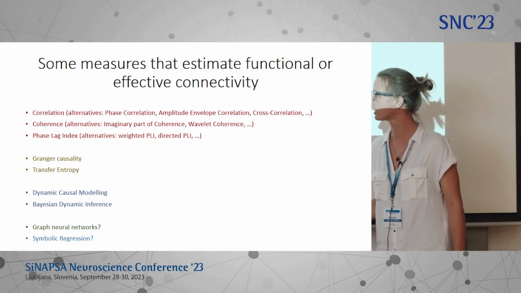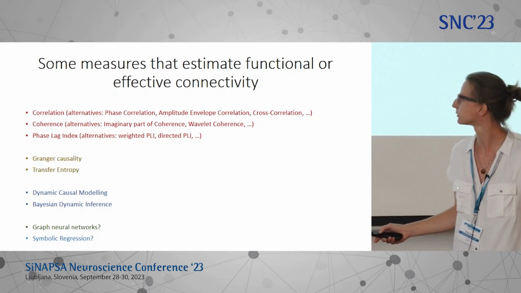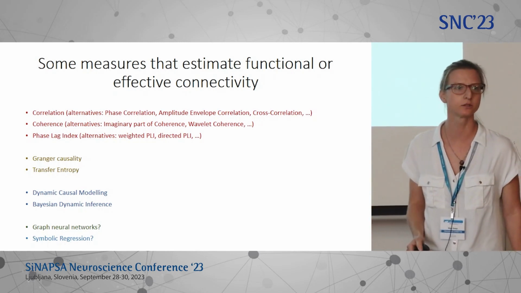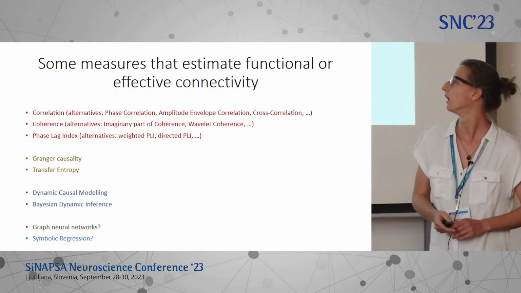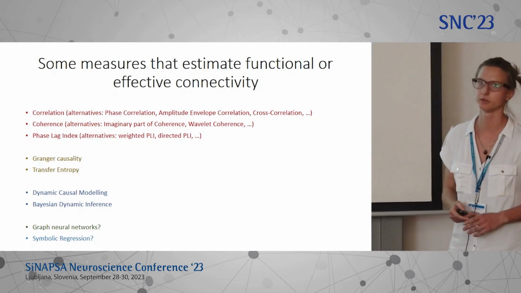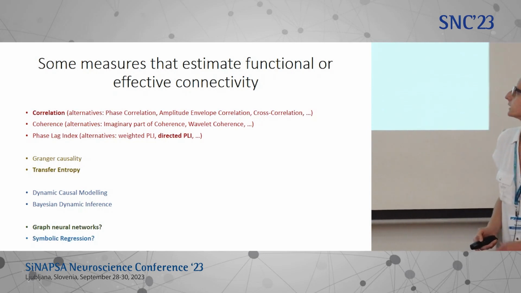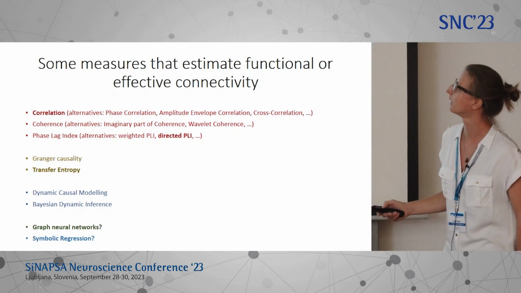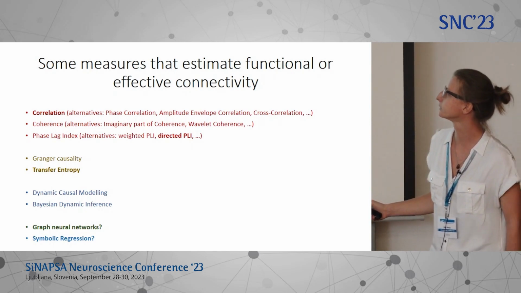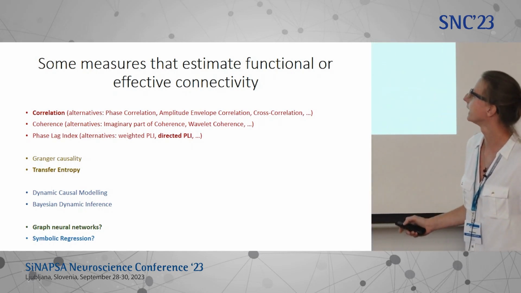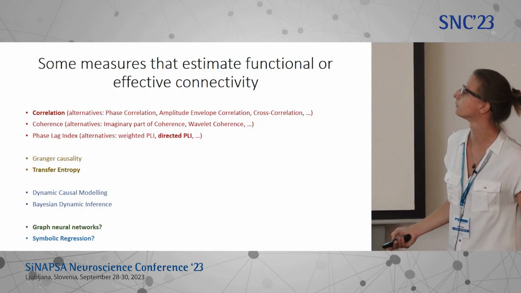And then I put here graph neural networks, because this is what we are trying, and there's also symbolic regression that we could use. This is another machine learning approach, which we also work with in the lab, but I will not talk about this today. If somebody is interested, they can ask me later. So to compare our graph neural network approach with other methods, we used correlation, phase lag index, transfer entropy. Yeah, and that's it for now.